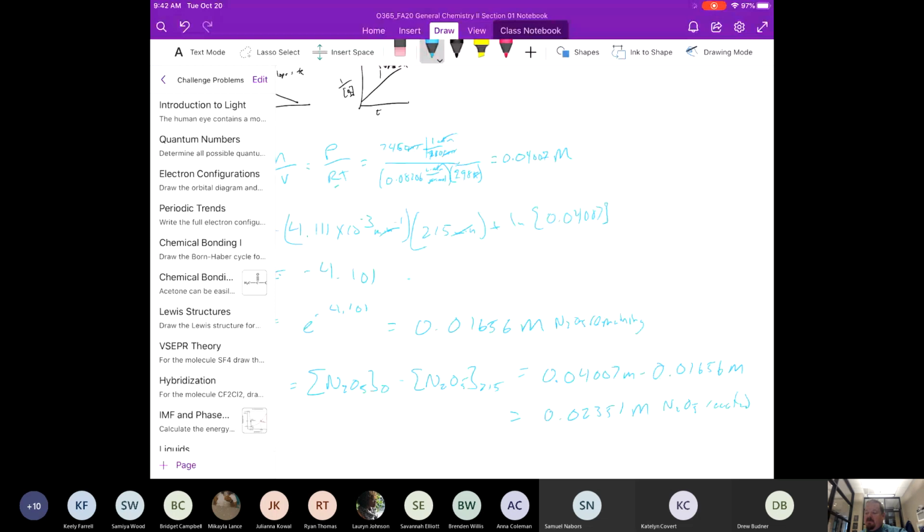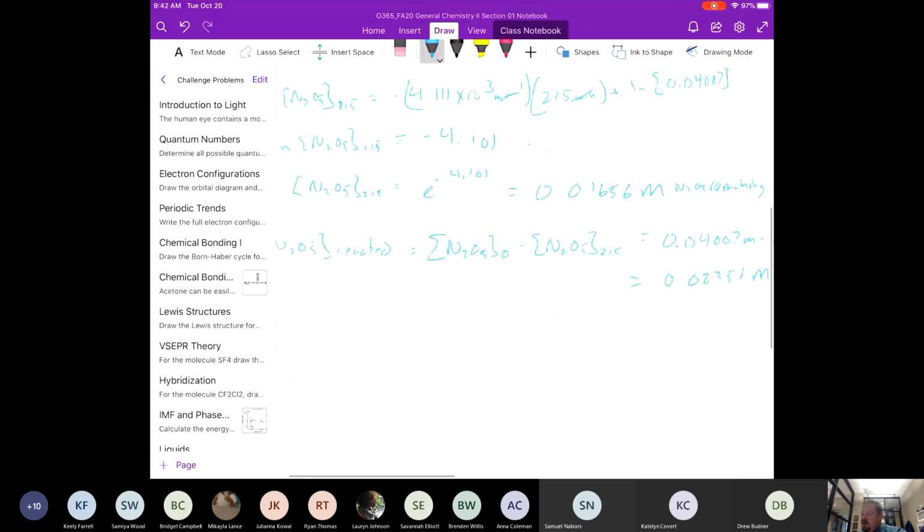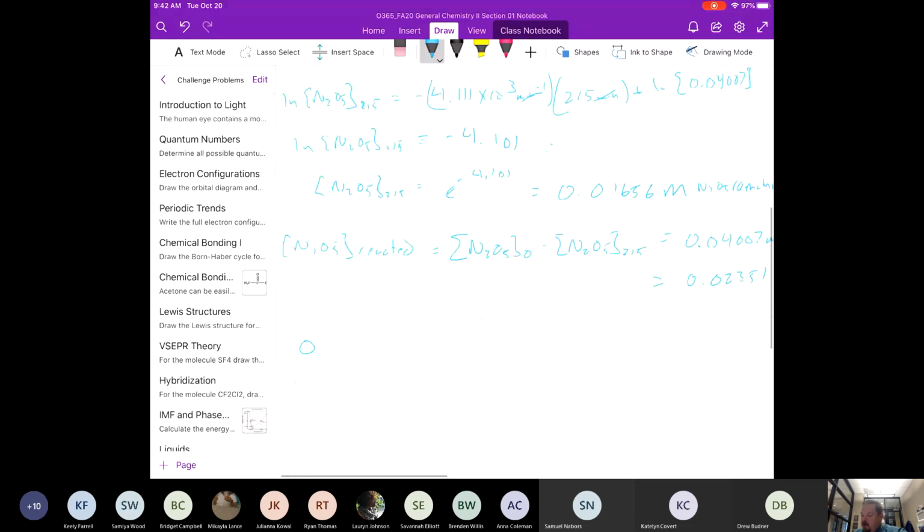Okay. So now essentially we have an indication of how many moles reacted. From our balanced chemical equation, if we have 0.02351 moles per liter of N2O5, for every 2 moles of N2O5, we get 1 mole of O2.